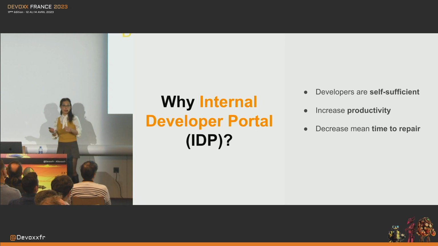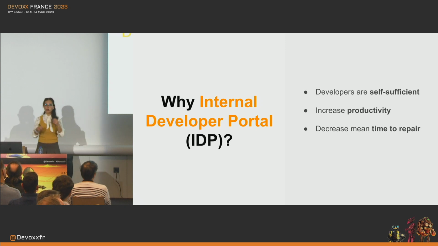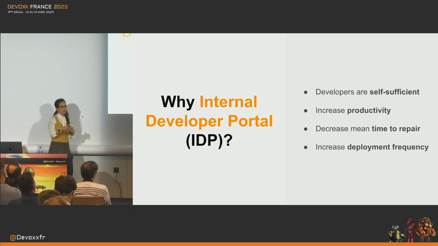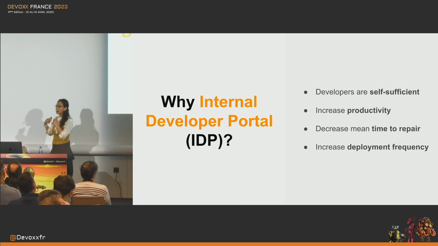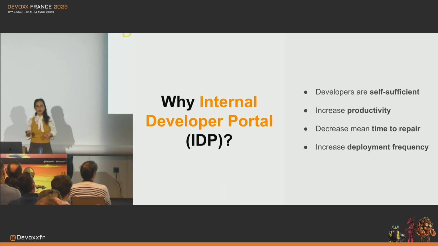You do it yourself because you have the capability to fully manage the life cycle of your service. Last but not least, since all these services are available all the time, you can really deploy your application whenever you want, and that will really increase the frequency of our deployment.